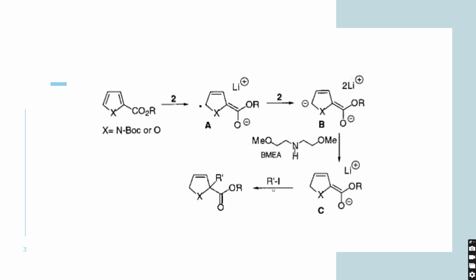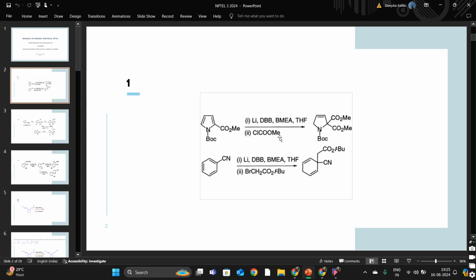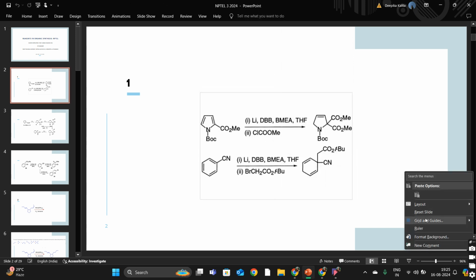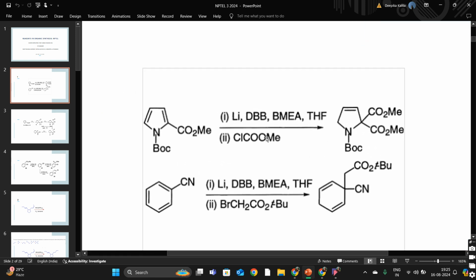If we go back to your question, this is the second substrate which is given, and you have to react it. If you notice, you have a carbonyl group here, which is attached to one chloride and one methoxy on the other side.